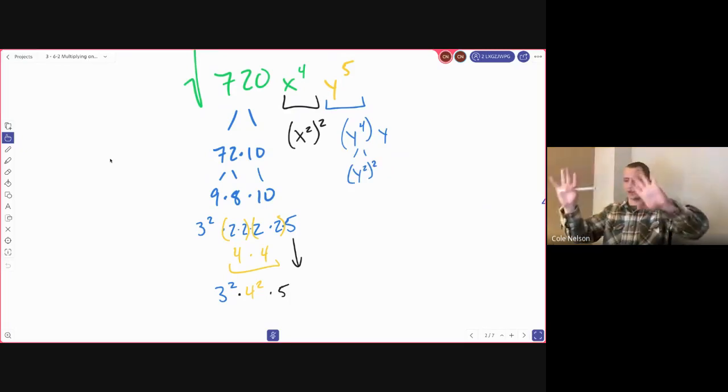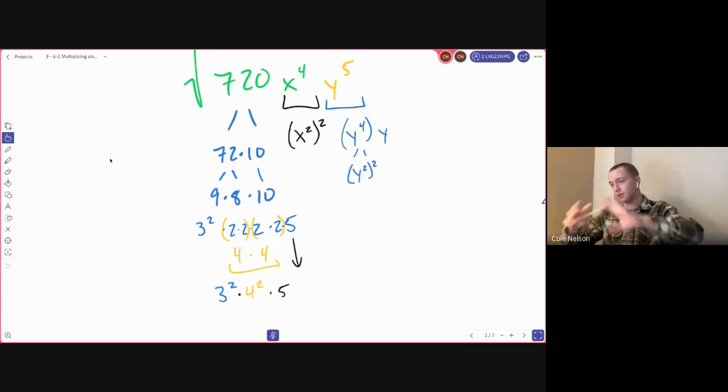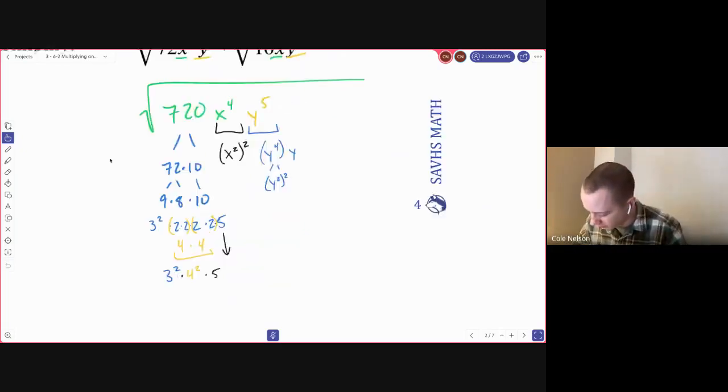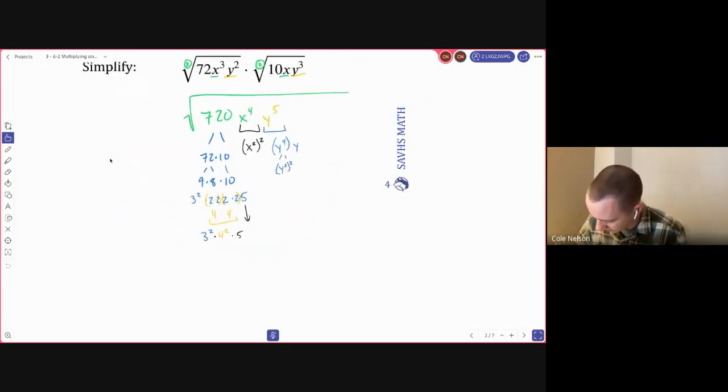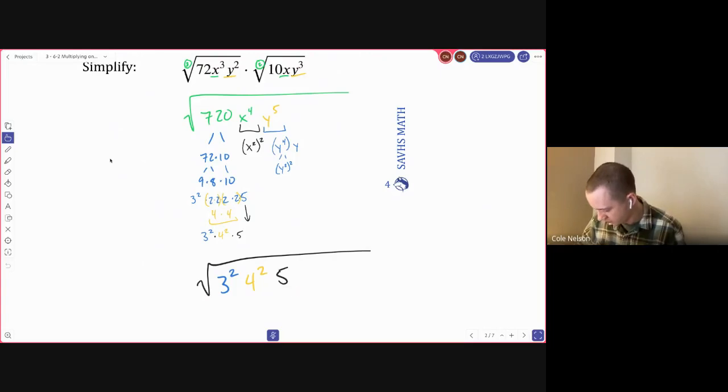Now, I know this is kind of a disaster of organization right now, but I'm going to clean it up now. So if I rewrite my radical, I have 3 squared, 4 squared, 5. And then I have my x squared squared. And then I have my, let's do it in green, y squared squared.